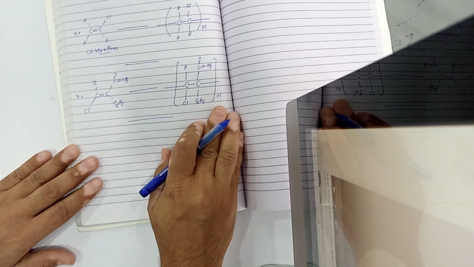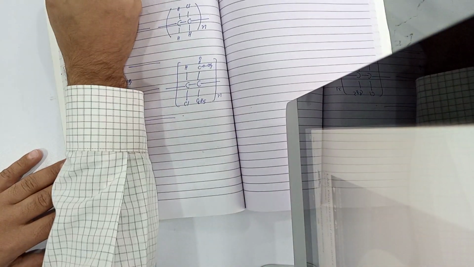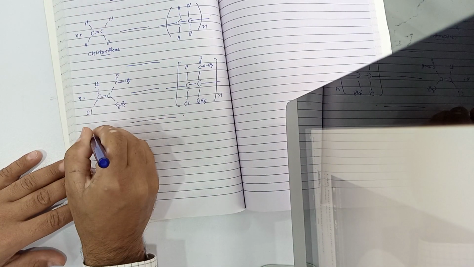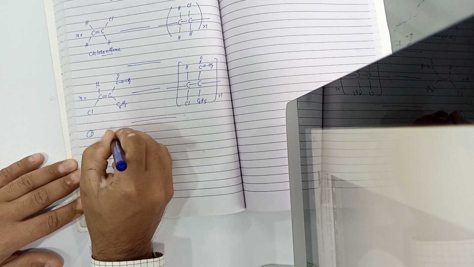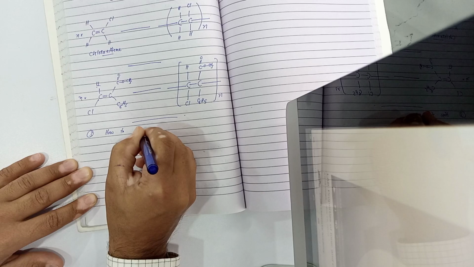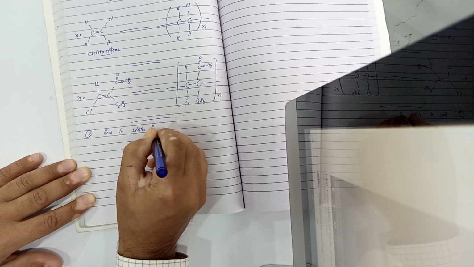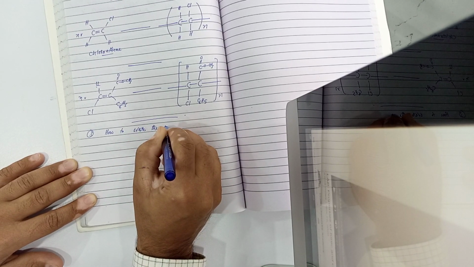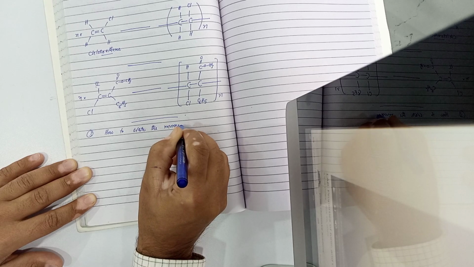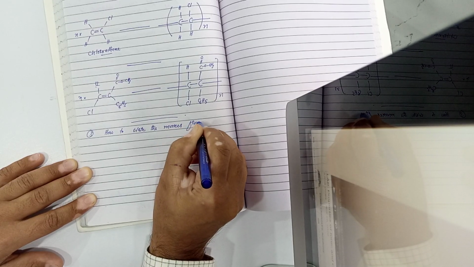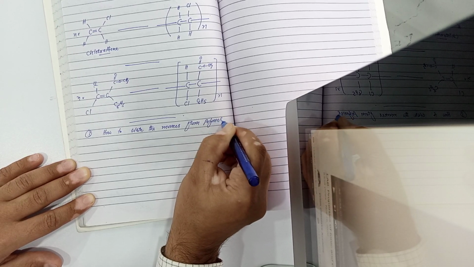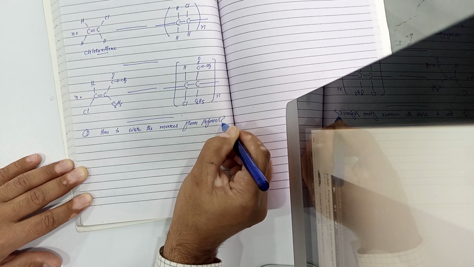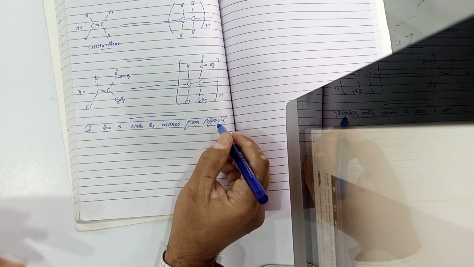Now proceeding, in the third stage we are going to learn how to write the monomer from the polymer. Here you have two specific, defined targets.